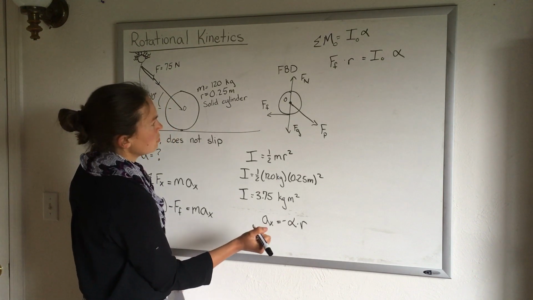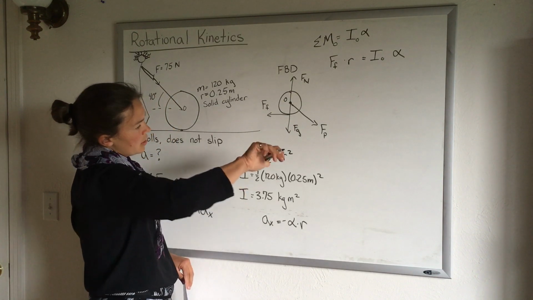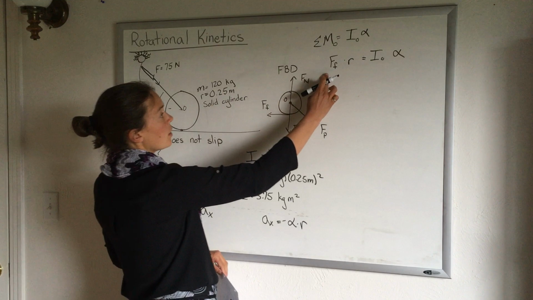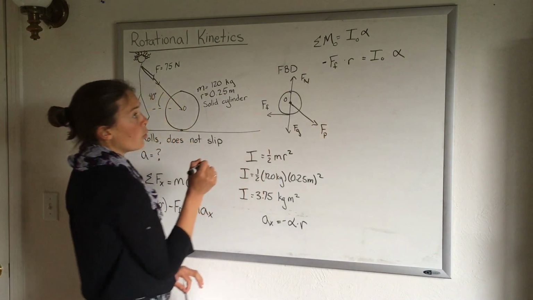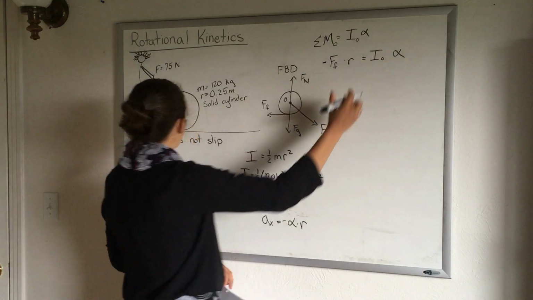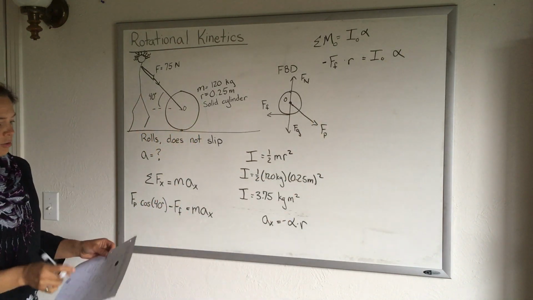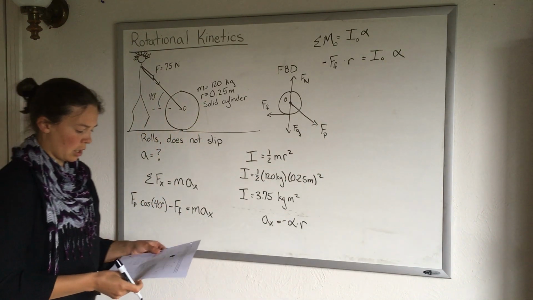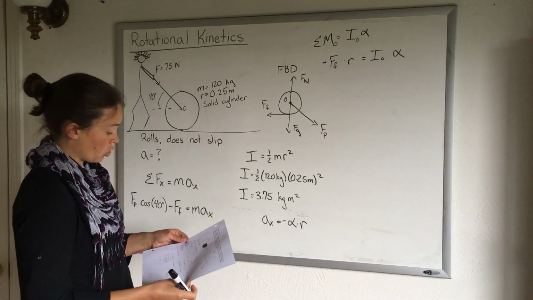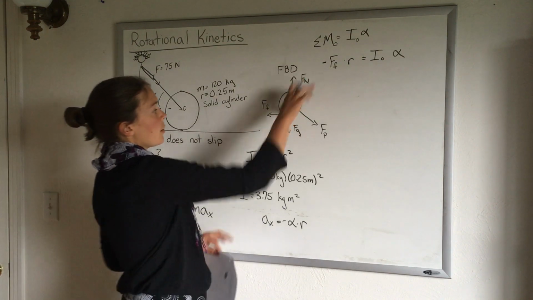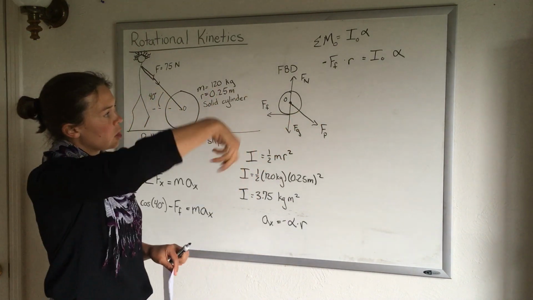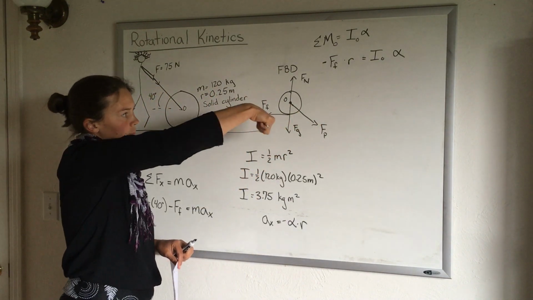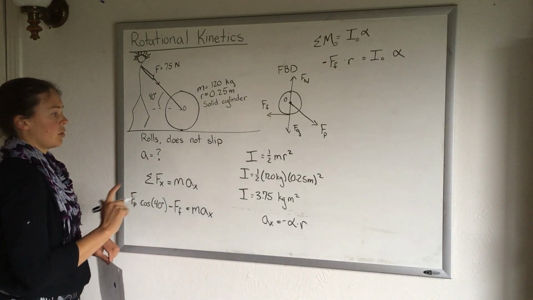Is that true? Yeah, and that's because here, our force times our radius, this is going to give us a negative moment, which will give us a negative alpha, but we're moving in the positive x direction. So we want to make sure we keep all of those positives and negatives straight. So negative here, because by the right-hand rule, we're going clockwise, this way, negative, so that should all work out.